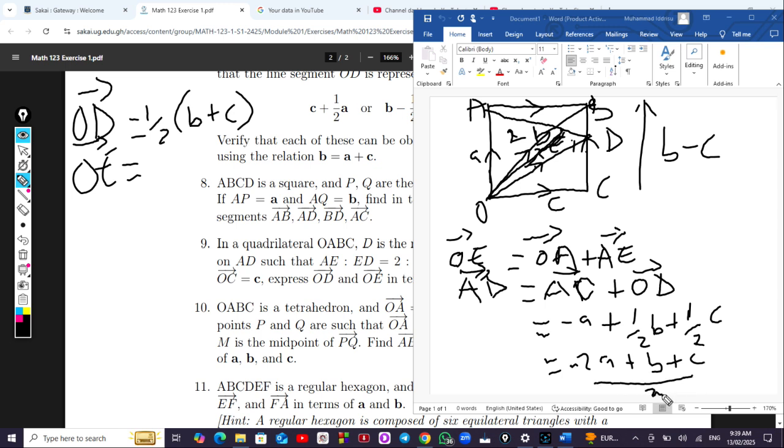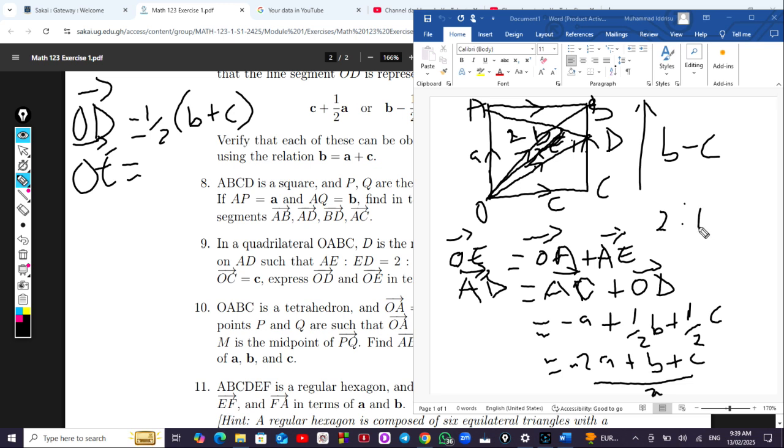Okay, so we know that AE and ED are the ratios of the line AD. So the ratio is 2:1.